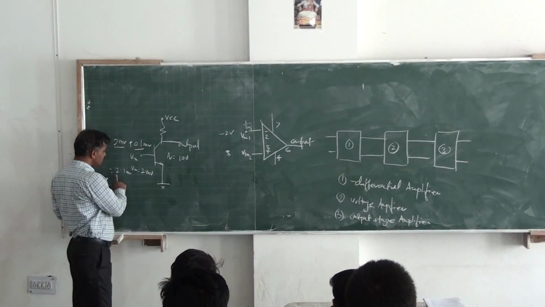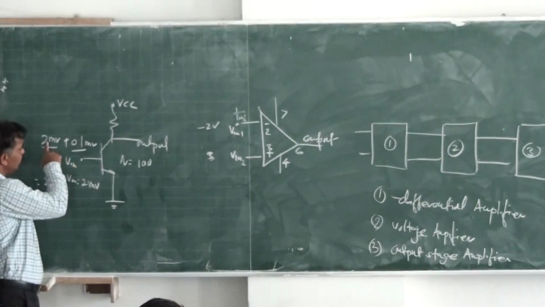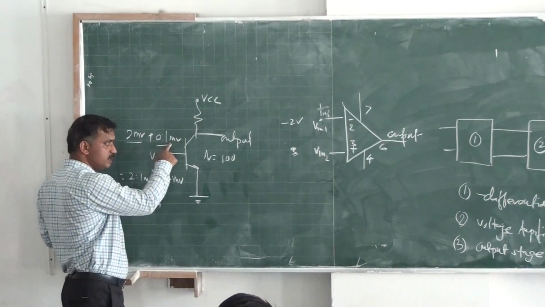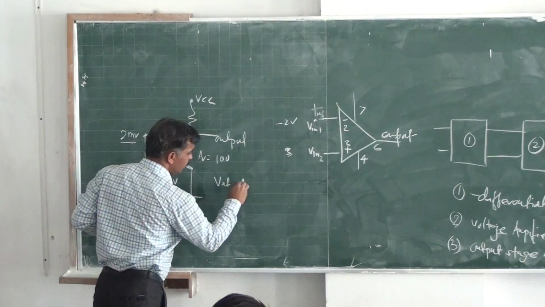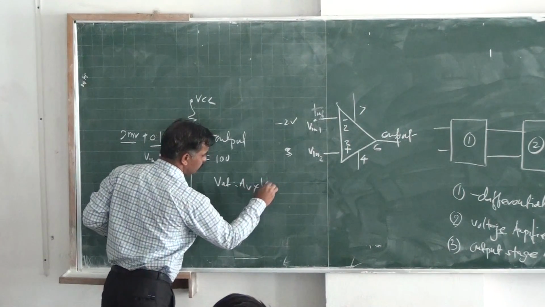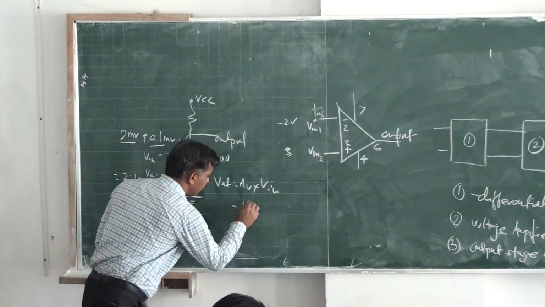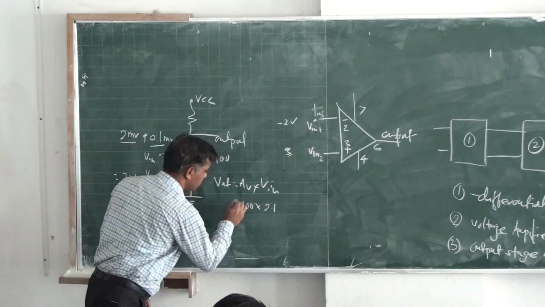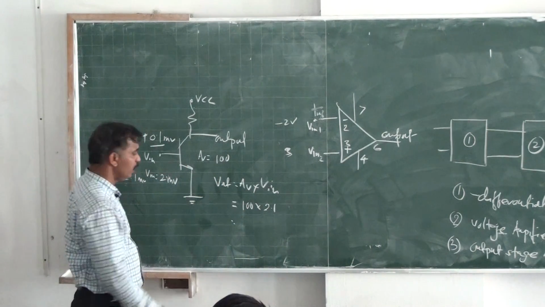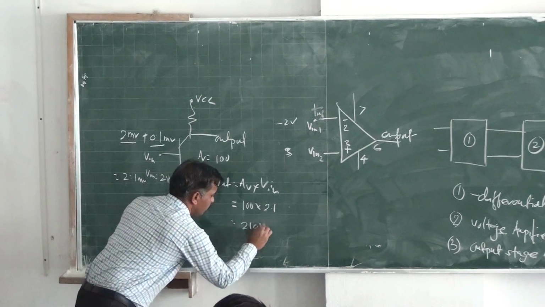If you apply 2.1 at the input, including the actual signal as well as the noise signal, then Vout will be AV into Vin. Let's say AV equal to 100 into Vin equal to 2.1 volt. So how much is it going to be? Let's say 100 into 2.1, it will come to around 210 volt.